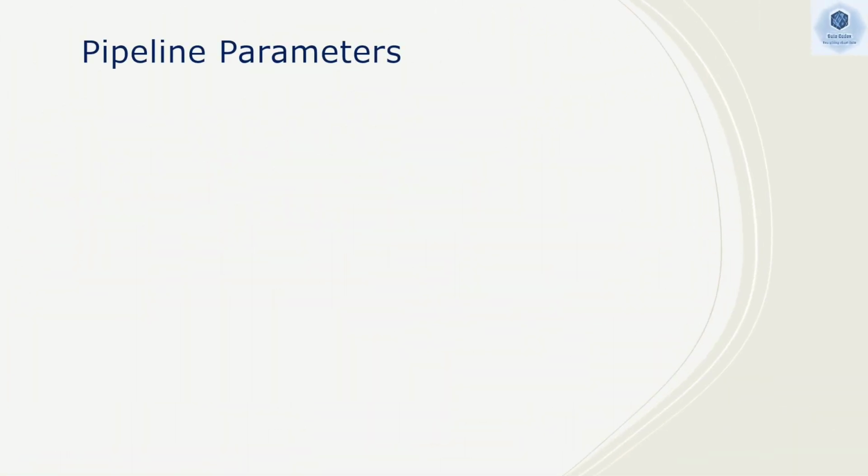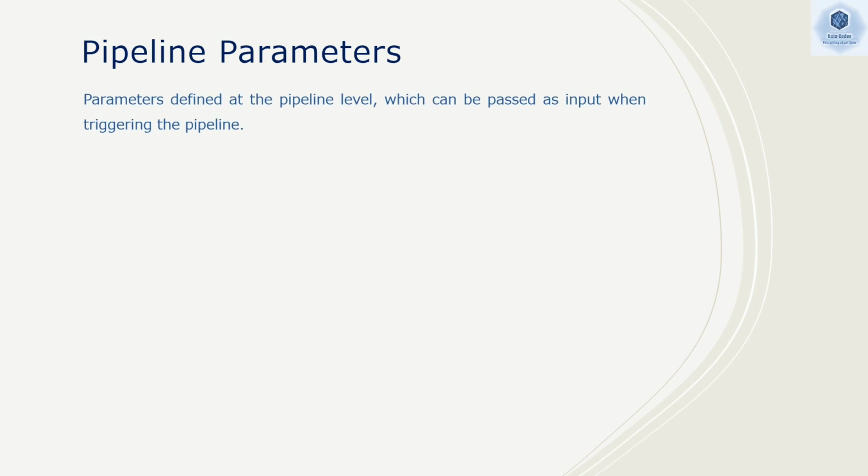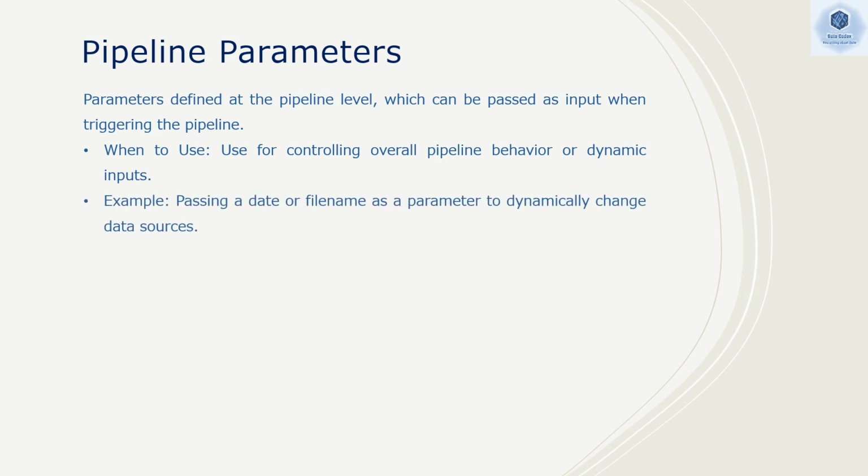So let me first explain what a pipeline parameter is. In a pipeline parameter, you define a parameter at the pipeline level where you can pass your input while triggering the pipeline. It can be used when you need to control your whole flow with a parameter: you add a dynamic content and pass the parameter during runtime to make the entire pipeline dynamic.